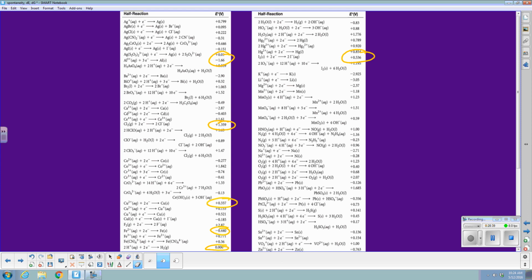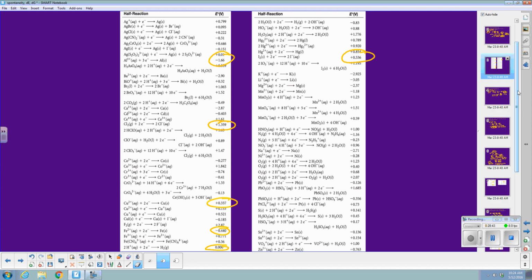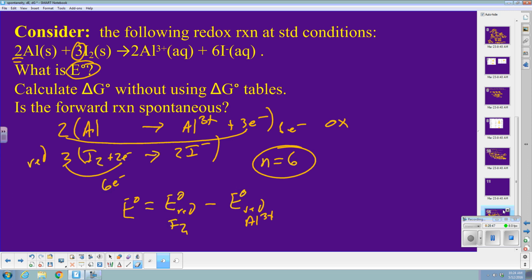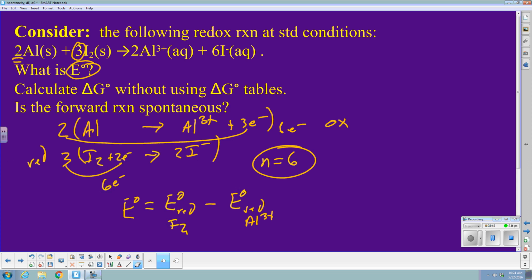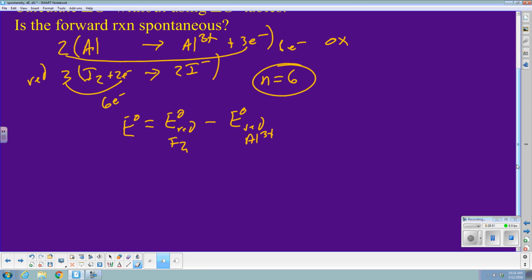Let's run the numbers. We need more space down here. My E prime is going to be my iodine, 0.536, minus my aluminum, a negative 1.66.